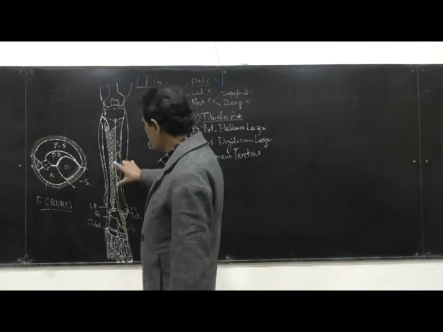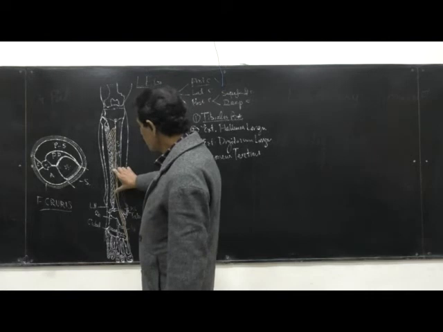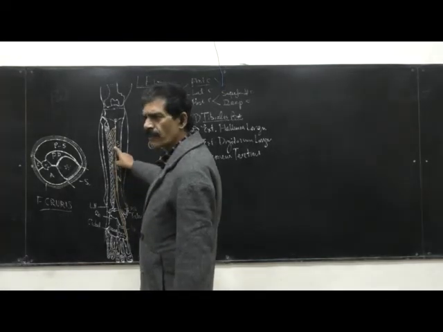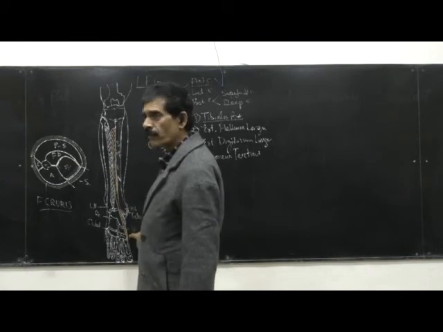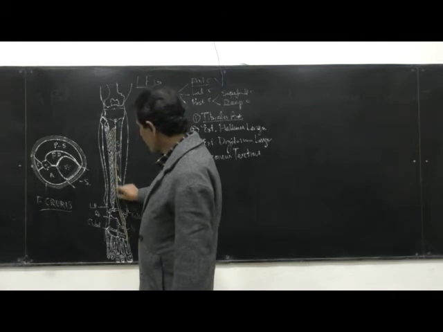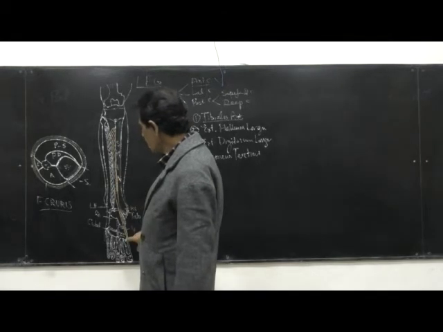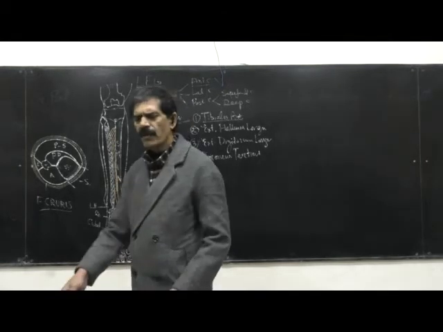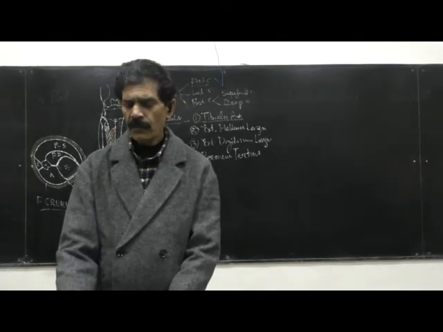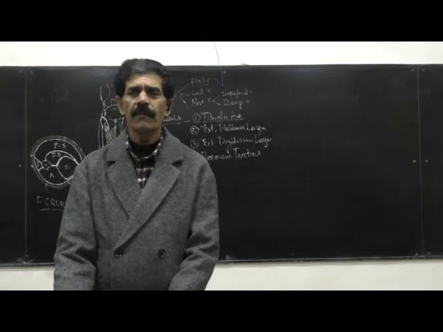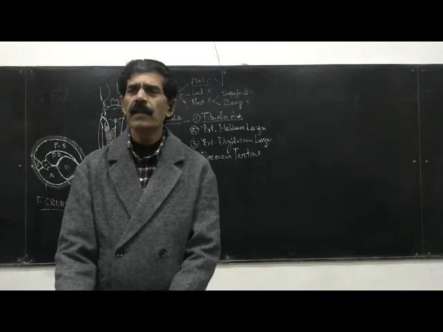So what will be the action? Action means we contract the muscle. When the muscle contracts, the origin bone is fixed. What will move? The bone of the insertion. Whenever the muscle contracts, the medial cuneiform and base of the first metatarsal will move upward. What is this action called?